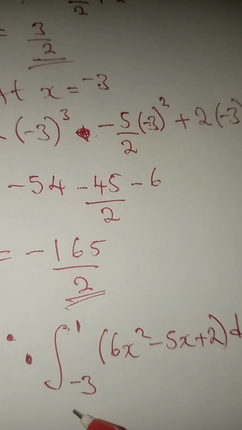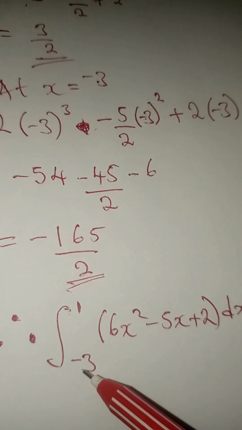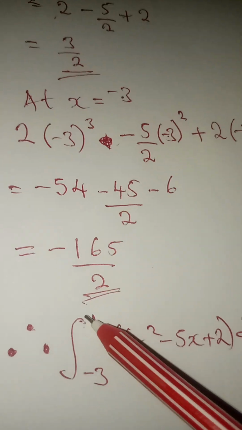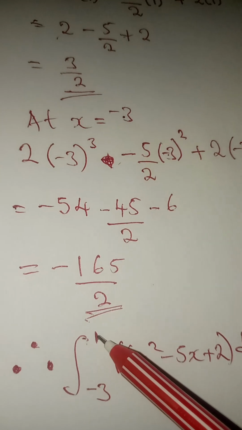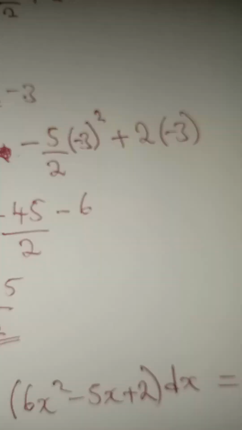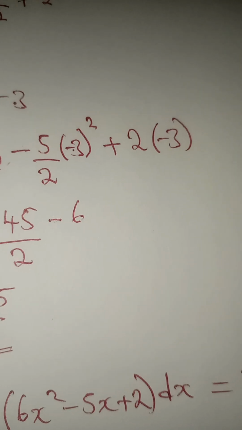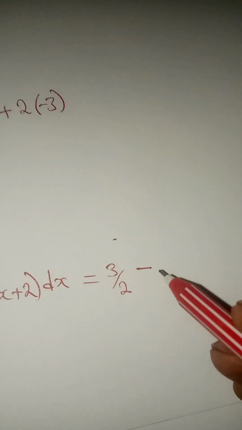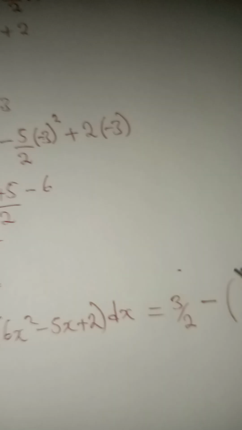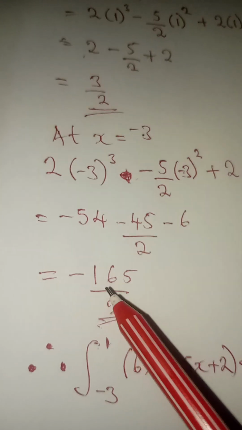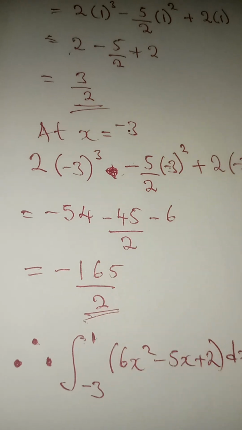This is the upper limit, this is the lower limit. So the answer you got where x was 1 is what you put first: 3 over 2, minus, then the answer for the lower limit, which is negative 165 over 2.